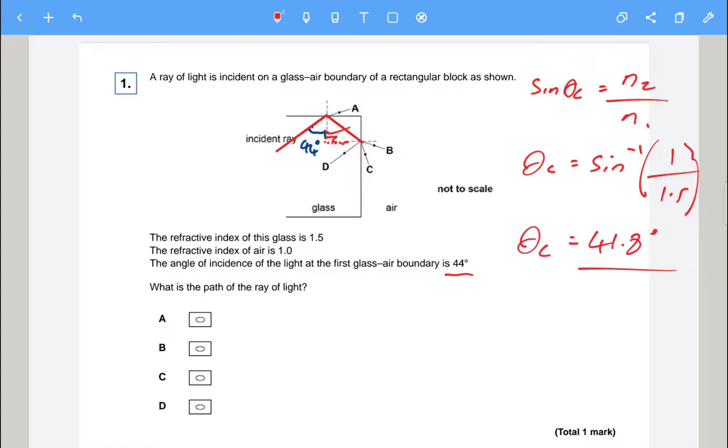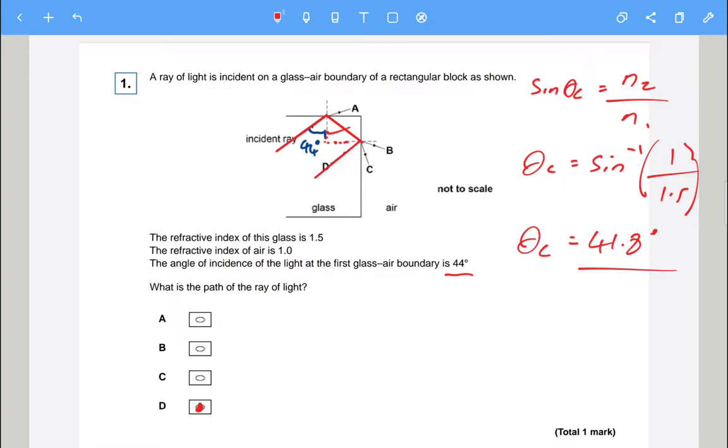So obviously that's 90 degrees, then angles make it up to 180. So that angle will be 46 degrees, which again is greater than the critical angle of 41.8. So you'd get total internal reflection yet again. So the path would be in from A to B, and then from B down to D. So path D.